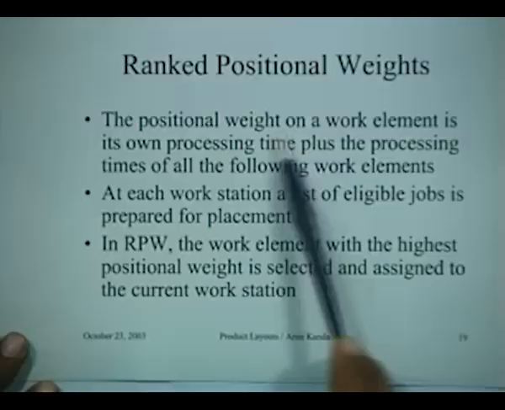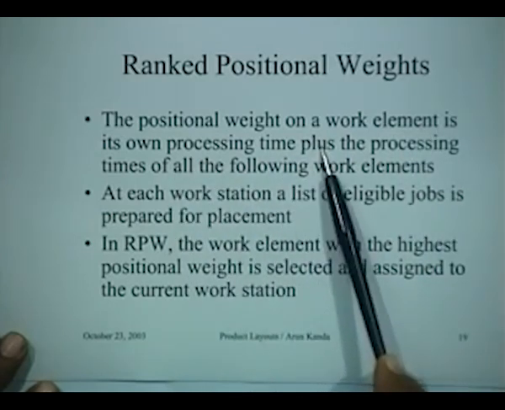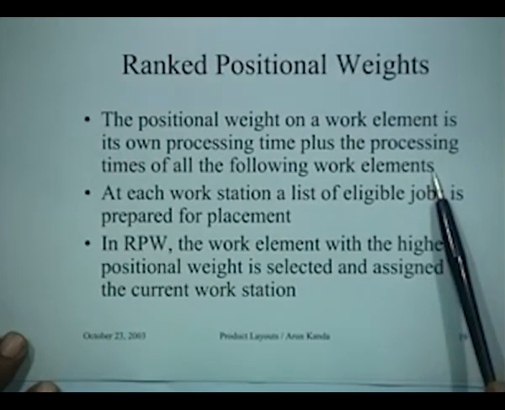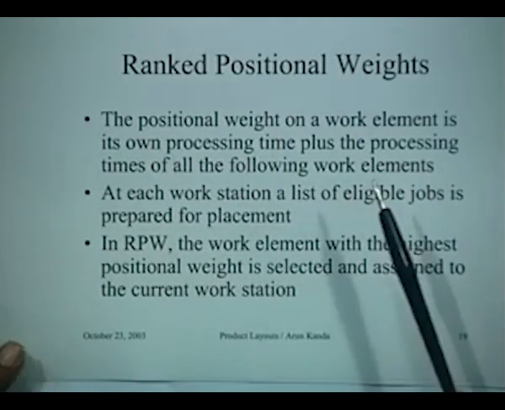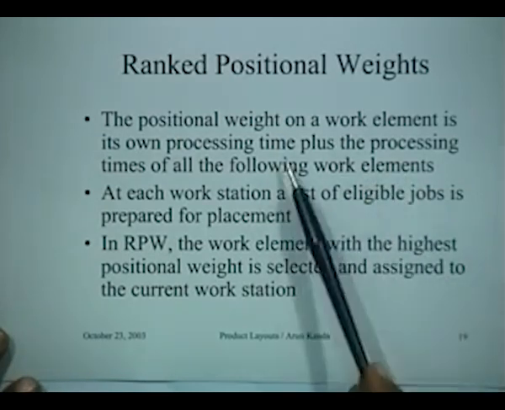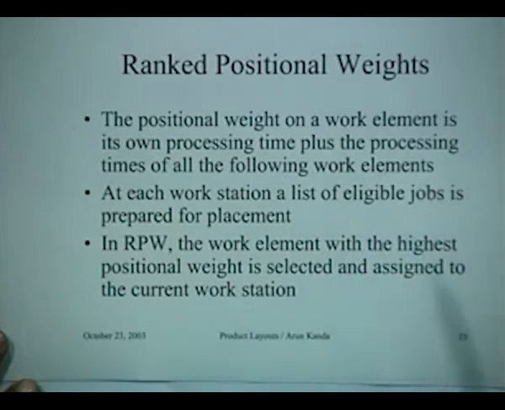So the positional weight of a work element is its own processing time plus the processing time of all the following work elements. So we define a positional weight for each element in the precedence diagram by saying that this is the time of that operation plus times of all operations which follow it.